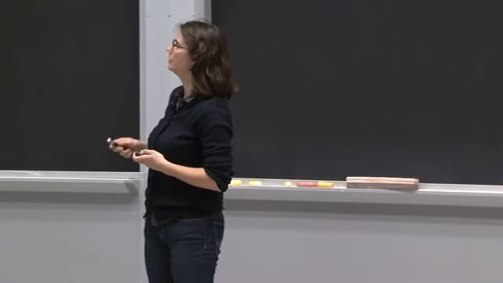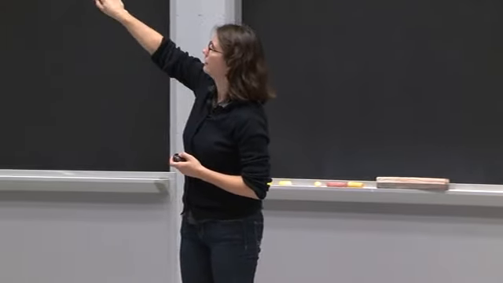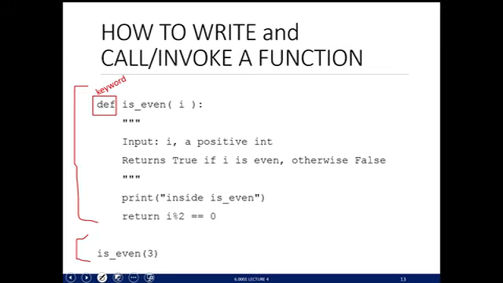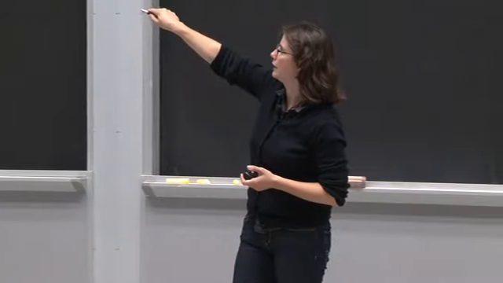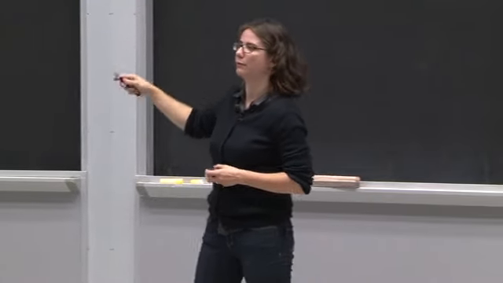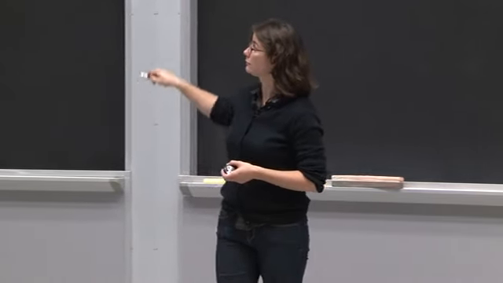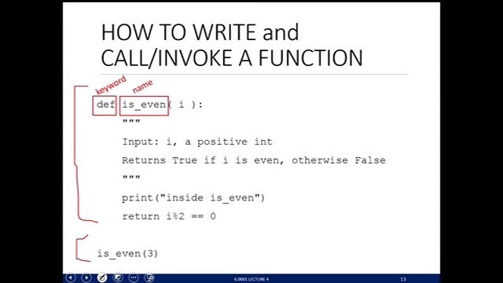The first is going to be this def keyword. And def tells Python, I'm going to define a function. Next is the name of the function. In this case, I'm calling the function is_even.